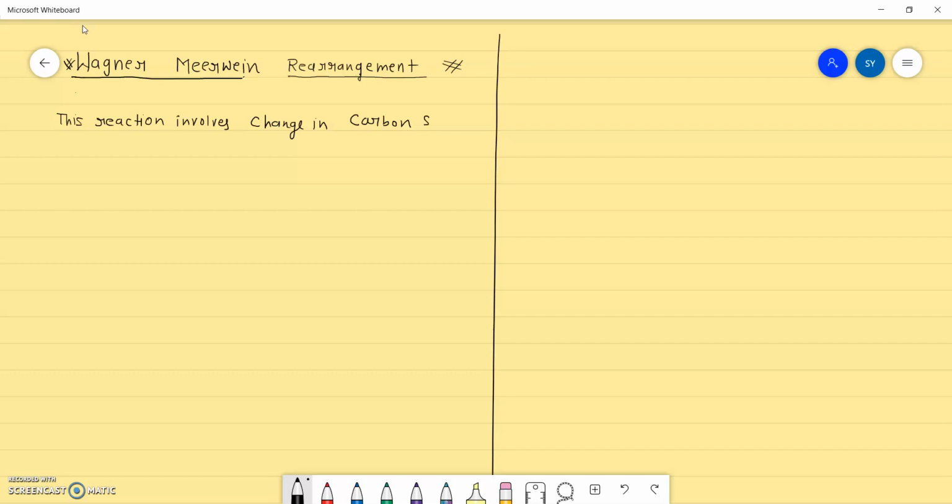Change in carbon skeleton through rearrangement of carbocation. Through rearrangement of carbocation as an intermediate.